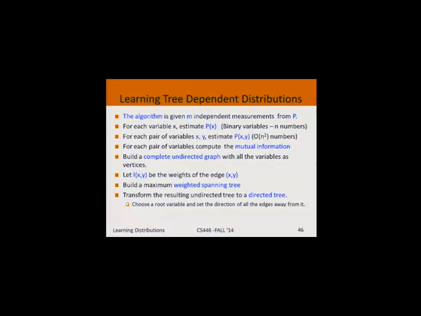The way we're going to do it is we're going to choose a root variable and set the direction of all the edges away from it. So if you think about it, there are many, many ways where you can take an undirected tree and make it a directed tree. I chose one.